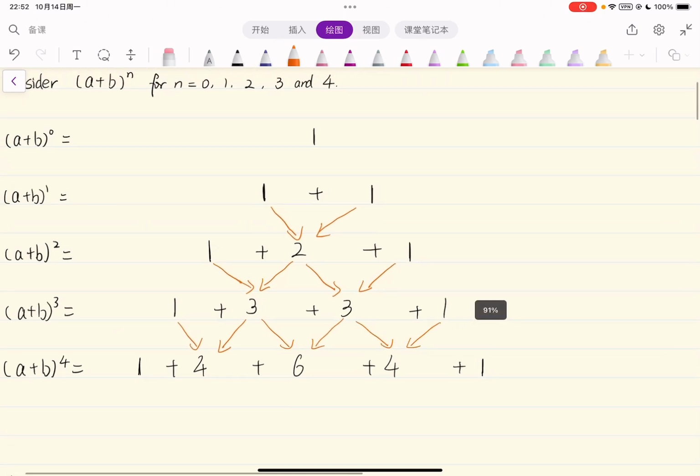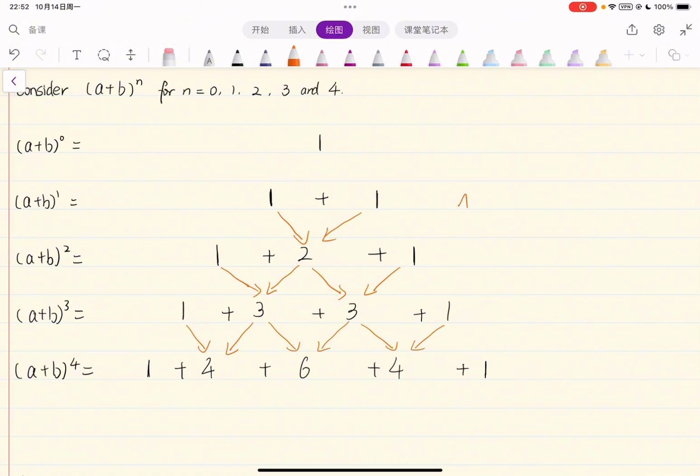So we can see that you add adjacent pairs of numbers to find the numbers on the next row.